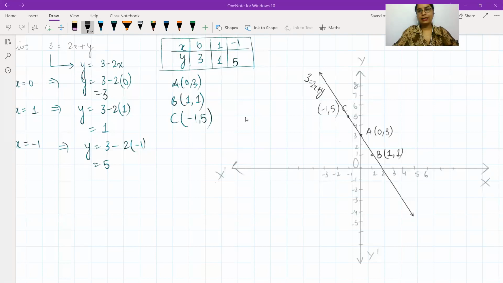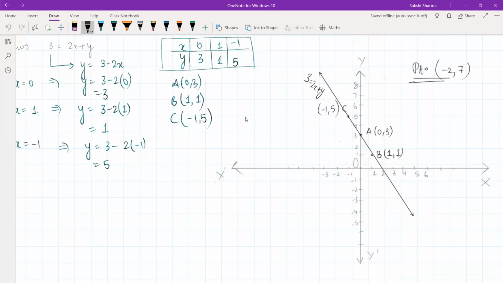So if I had taken, let's say, x as -2 and y as 7, if you could just check on your own, I have picked this point.